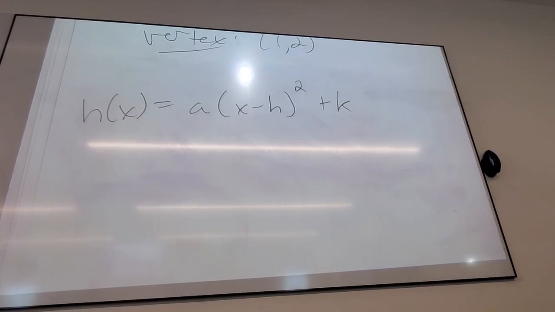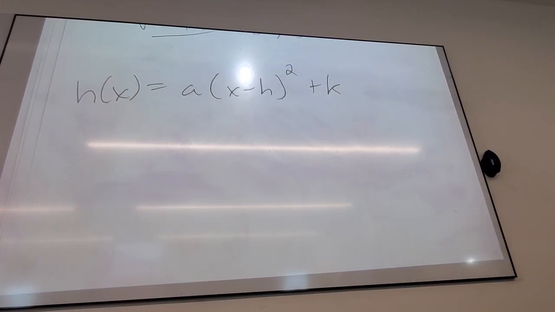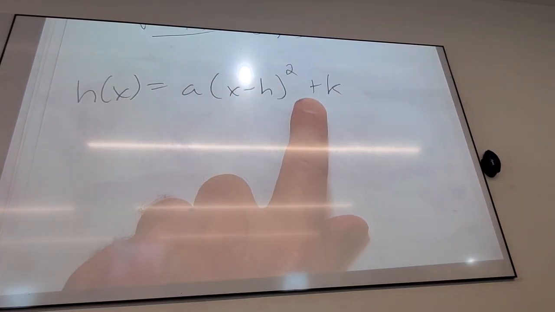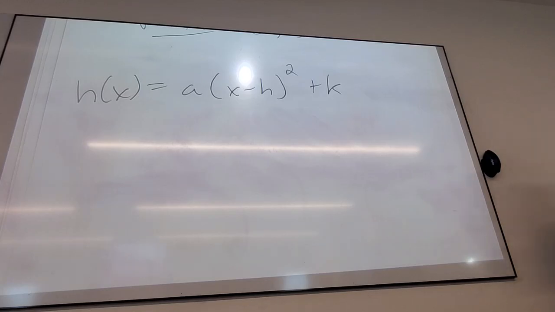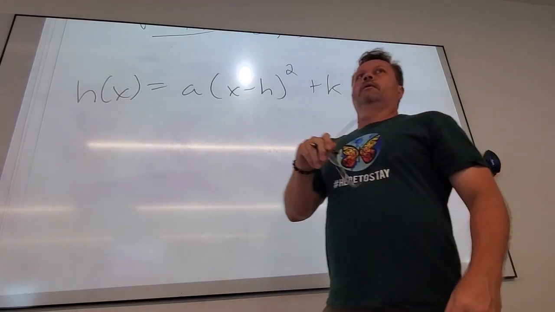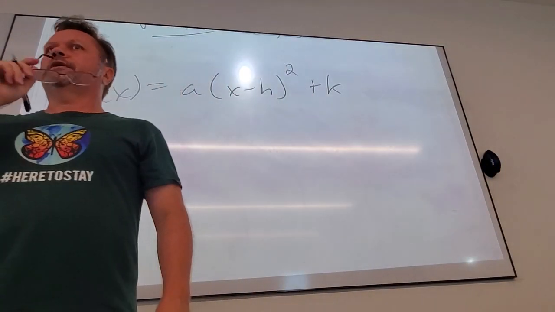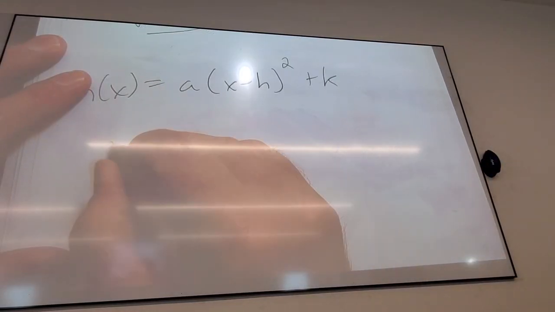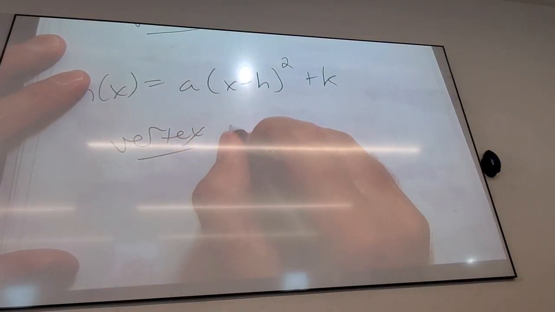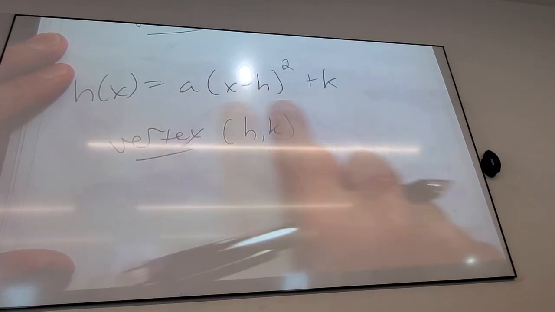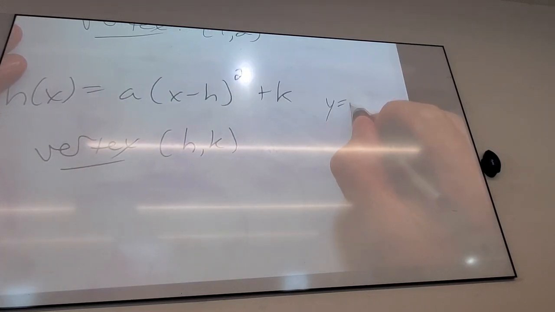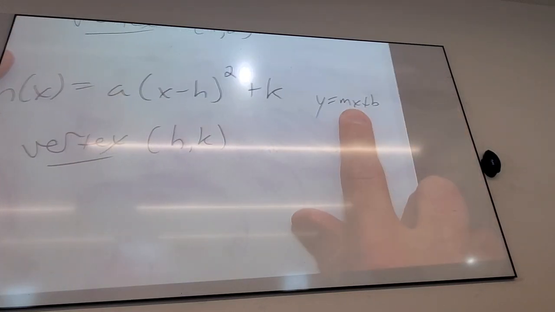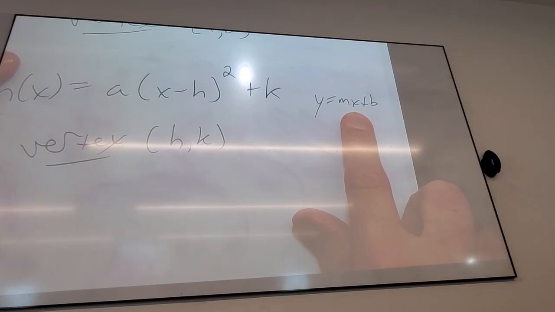I think I looked it up once. It wasn't because Howard and Kenny were working on this, but it could have been. Can anyone tell me what the vertex would be? (h, k), kick ass. I need you to notice, what if I had a line in this form? What can you tell?